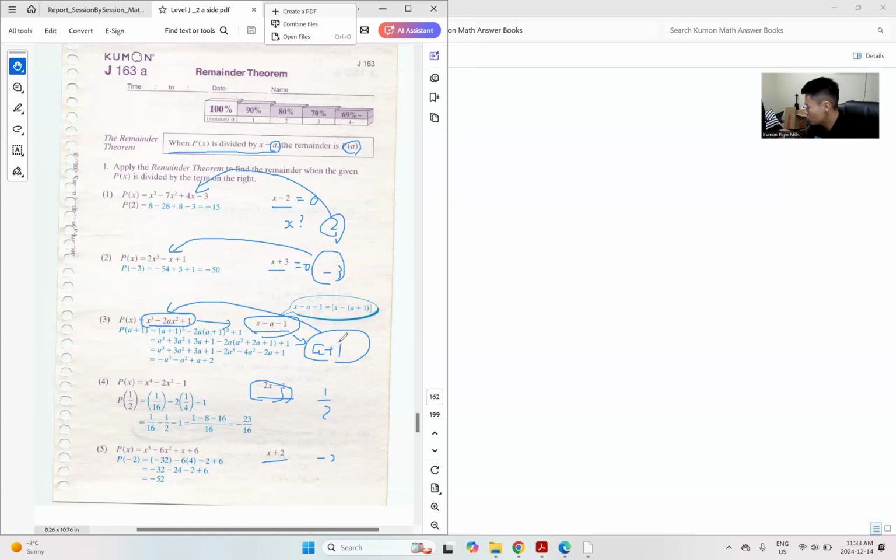So instead of doing it this way, where you could get the answer but it's going to be very tedious, what I want you to do is use the magic of the remainder theorem, because it's already proven it's always going to work. Just substitute a number into the equation and get the answer, just like that. Basically, a substitution. Okay, you good? So it's going to save you at least, I would say, 10 minutes for that page.